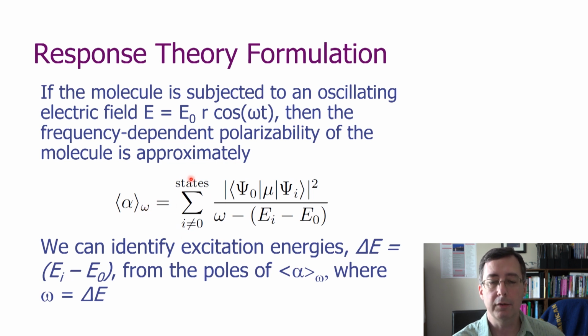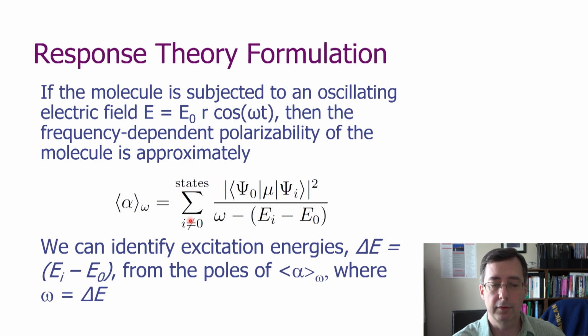I can do this approximately with the sum over states that are not the state that I start in, and just look at these transition dipole moments between the initial state psi 0 and other possible excited states psi I. Take this transition dipole moment squared and divide by omega minus the energy difference between the state I'm in and these excited states.